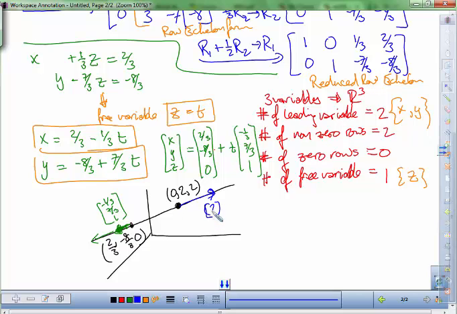And it shouldn't matter. So if I use their point and then use my vector, it should still create the same line. If I take my vector and do a scalar multiple of that, it should still create the same line. So what I'm proposing is that I type in this answer and it should be correct. Let's see what happens.